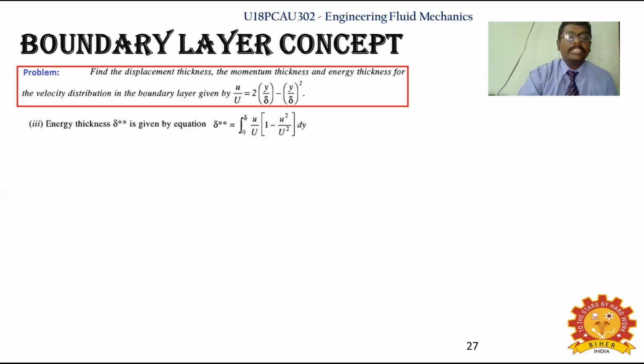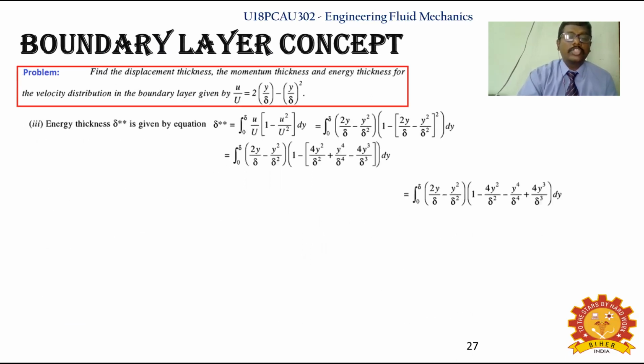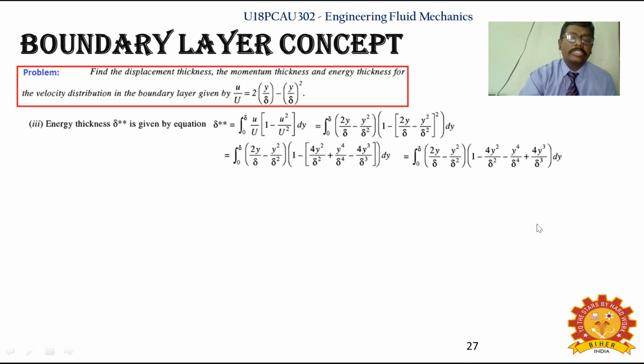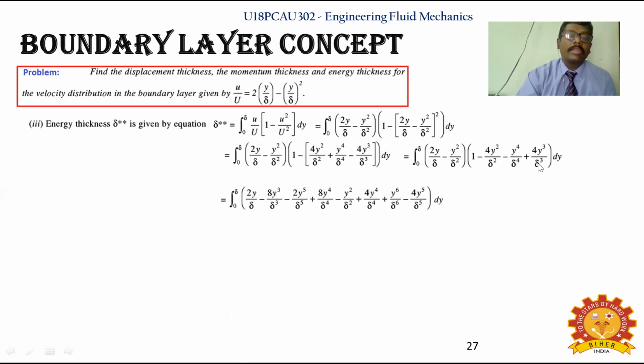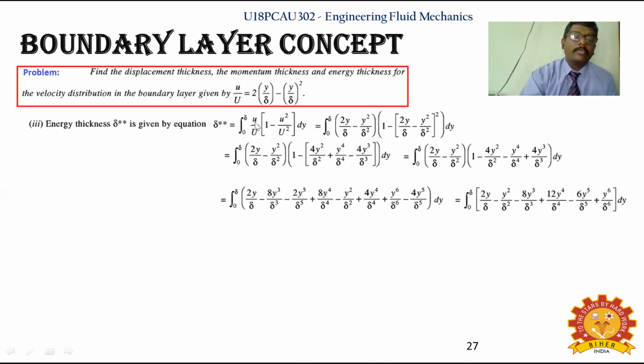Similarly, for energy thickness, the same substitutions, and in the same way you have to make the calculations. You already made this calculation, the same thing only, but now the equation is different. You will have u by U into 1 minus u square by U square. So the approach differs because your equation is changing, but the integration concepts are going to be the same.